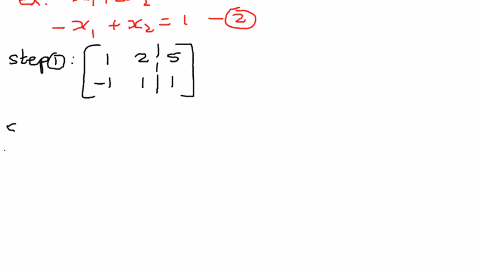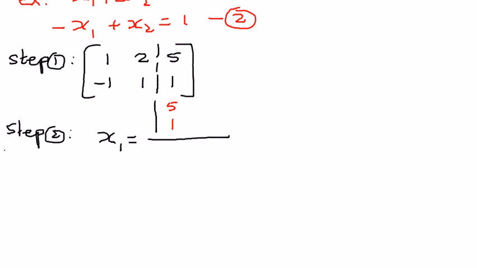In step 2, we will start to apply Cramer's rule to solve for x1. We're going to pick the determinant in the numerator and replace the first column by the constant terms. So instead of 1, negative 1, we replace that by 5 and 1.